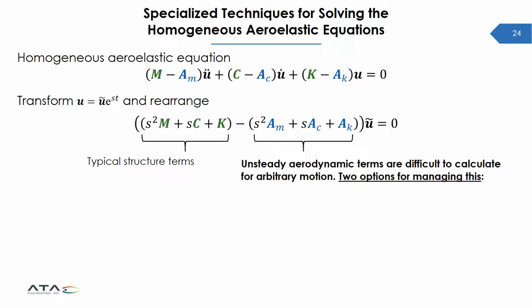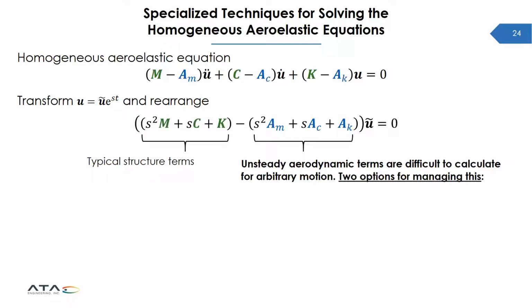And as we look at the aerodynamic terms, one thing that I want you to think about is that calculating unsteady aerodynamic terms is very difficult to do for a transient response, including arbitrary motion. And the reason that that's complicated is because if you have arbitrary motion, you get an arbitrary wake. There's vortex shedding that happens at the trailing edge, that's dependent on the motion.